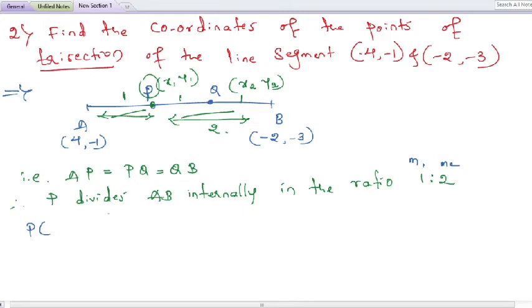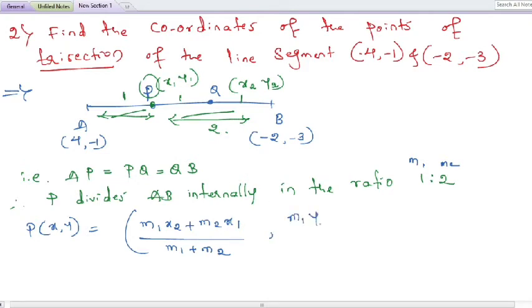So P of x comma y, according to the formula, is equal to M1 x2 plus M2 x1 divided by M1 plus M2, comma, M1 y2 plus M2 y1 divided by M1 plus M2.